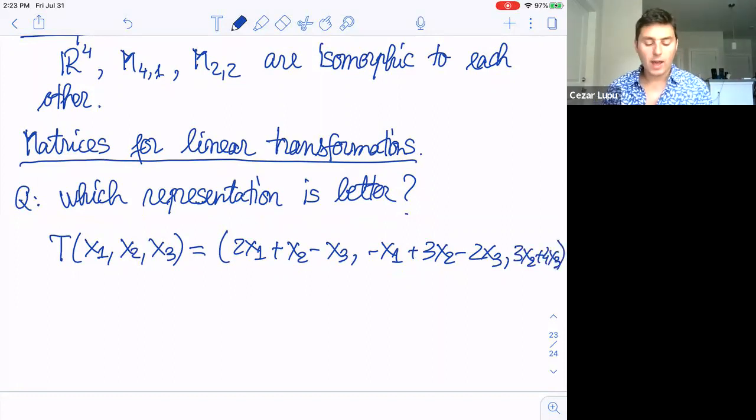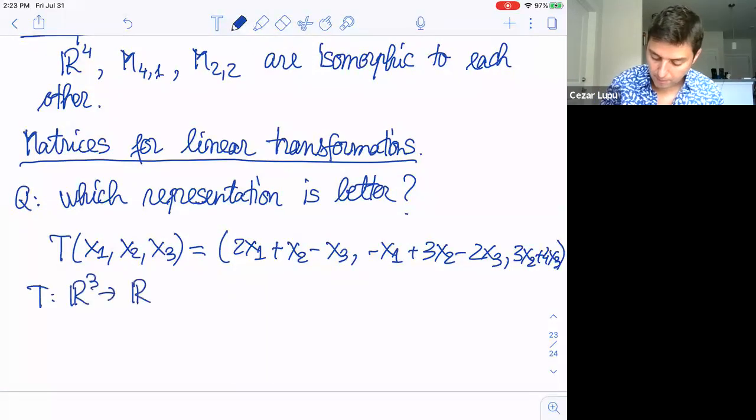Okay, so I have this representation, right? As you can see, T sends from R3 to R3. So keep in mind, I have this one, right? And now I want to see what happens if I write it in a different way.